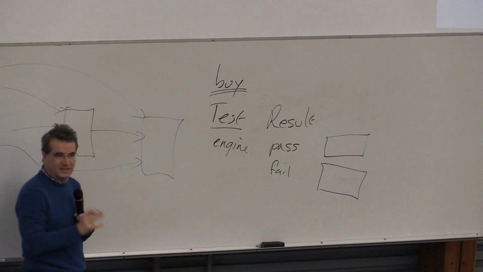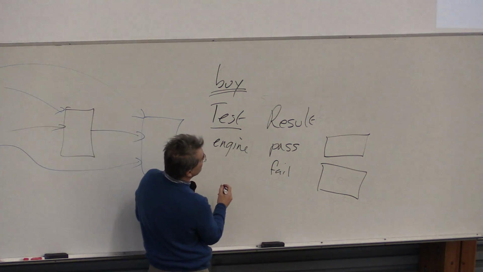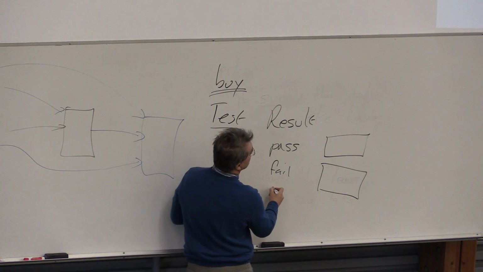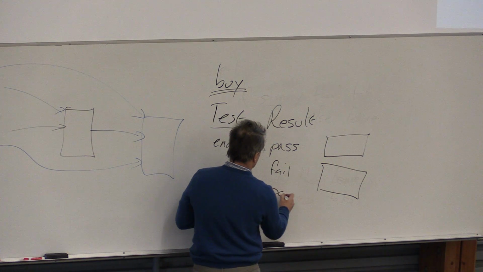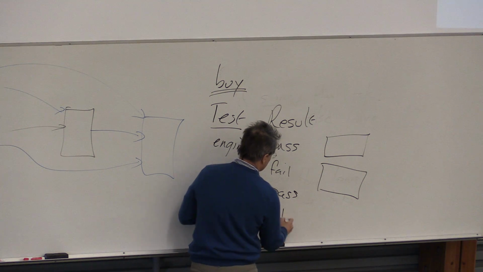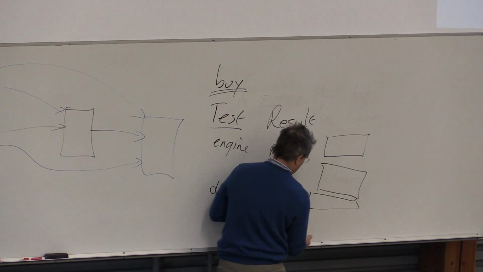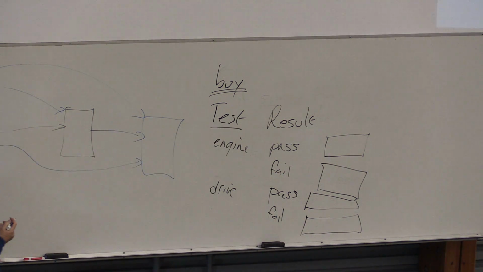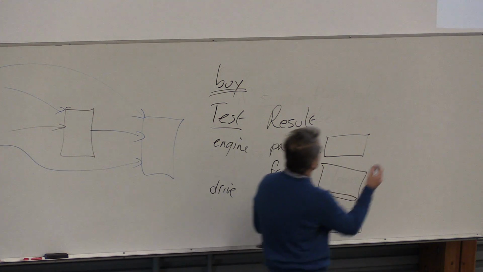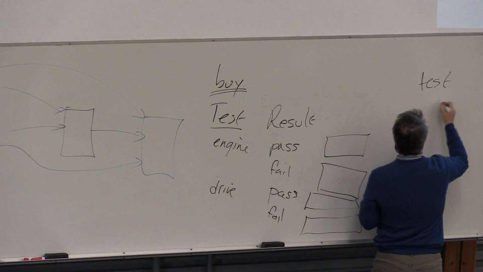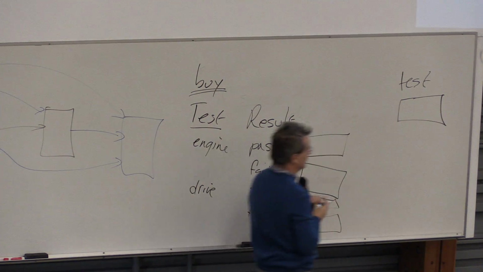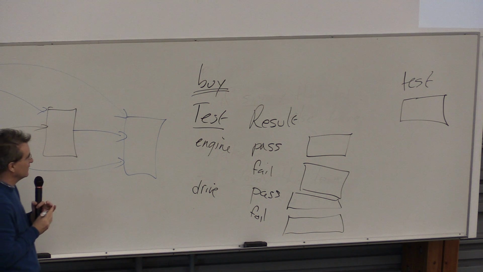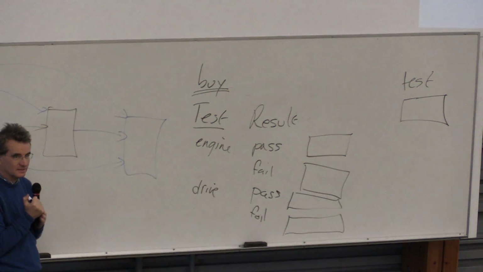Right, we have this nice graphical user interface of filling this in. And now we have drive, and we have pass, fail, and we get to fill in a box for this. And we also have to work out what to do with the test, and we get to fill in this box. Right, so this is my graphical user interface for filling in policies. How many policies are there?